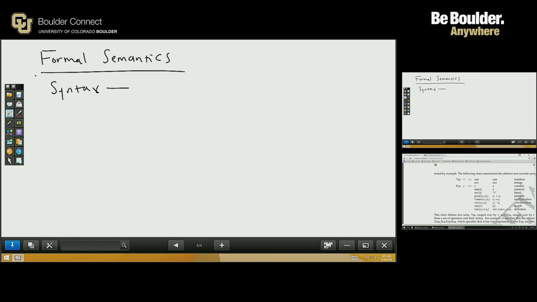And the syntax is going to be a bunch of inductive definitions, basically. And then there's going to be, at least in this class, what we call a statics. It's also referred to as a type system. And again, that's more inductive definitions. And then dynamics.